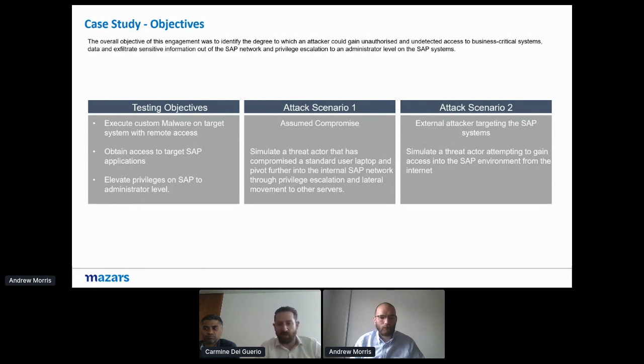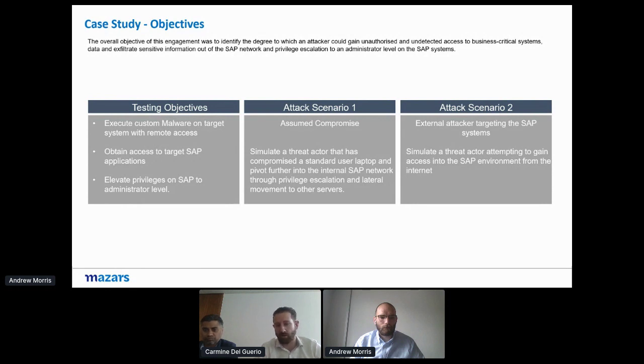So we skip that initial stage, rather than trying to do the reconnaissance, scrape email addresses from places such as LinkedIn and phish those users. We go straight to a laptop that already has standard access, and from there we try to exploit and move throughout the network as a user who had access to the system.